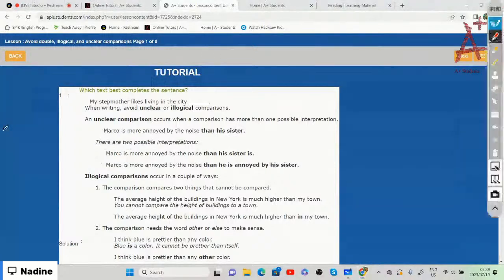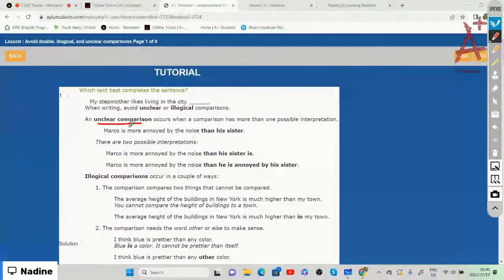An unclear comparison occurs when a comparison has more than one possible interpretation. That is unclear, and we don't know what you are actually writing within your sentences or paragraph.